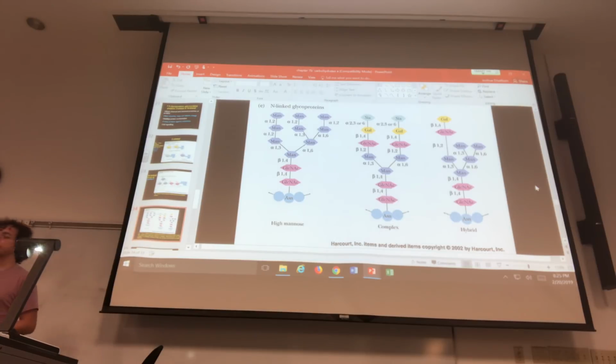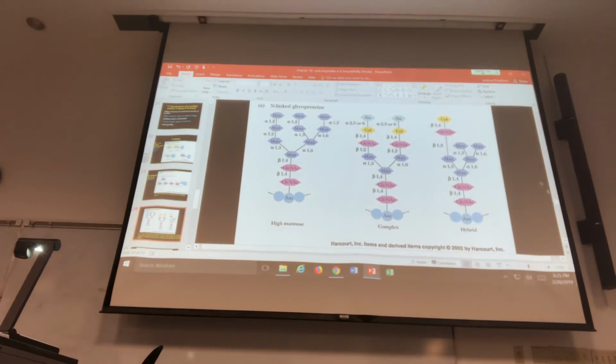N-linked glycoproteins can be broken down into 3 categories: a high mannose configuration, a complex configuration, or a hybrid configuration. If you're given any one of these pictures, you may be asked which configuration you have. The high mannose one is the easiest one. It's made of a bunch of mannoses.